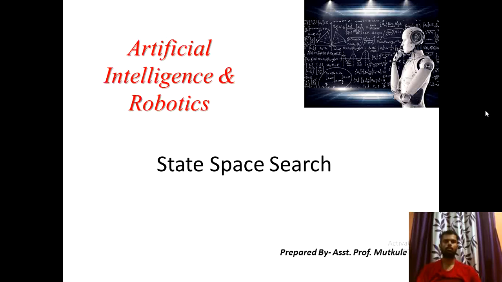We are given one problem and we have to solve that problem with respect to different states. So we are considering different states in order to reach the solution of the problem. That is also called the final state of the problem. So this is nothing but your state space search.